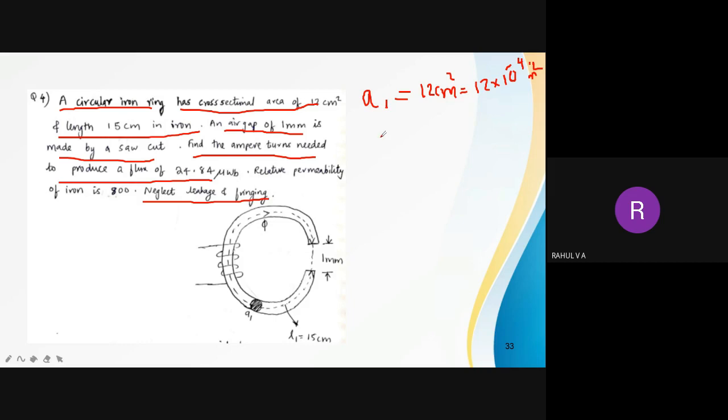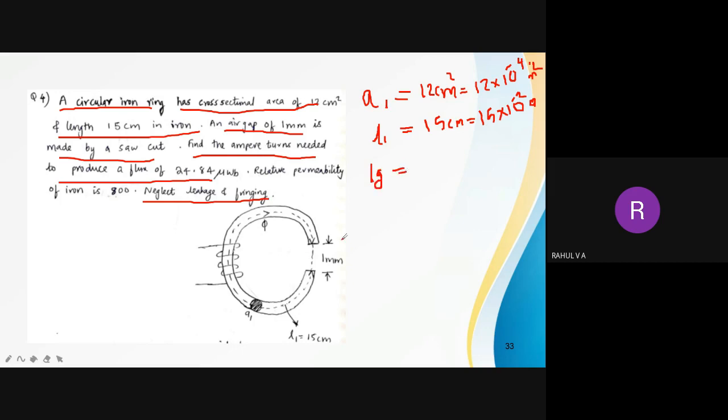Then we have L1, 15 centimeter. Converting, 15 into 10 raised to minus 2 meter. Then they have given the air gap, Lg.